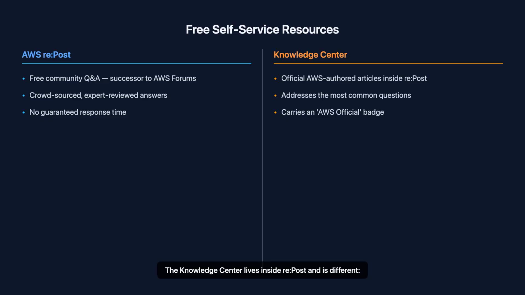The Knowledge Center lives inside Repost and is different. These are official, Amazon Web Services authored articles answering the most common questions, marked with an Amazon Web Services official badge. So Repost is community Q&A, and the Knowledge Center is official articles. Both are free, and neither is tied to a paid plan.